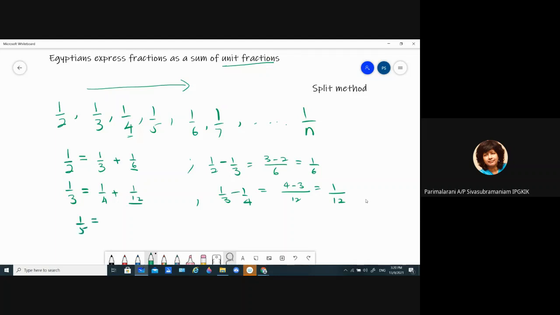The next fraction after 1/5 is 1/6. We always must take the fraction less than the fraction given, okay? So 1/5 is 1/6 plus 1/5 minus 1/6, which is 1/30. Okay, 1/30, and so on.